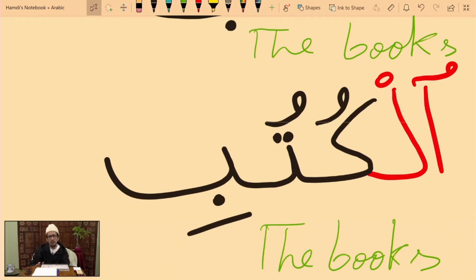We said that the movement of the last letter in the noun depends on the place of that noun in the sentence. We will study that.